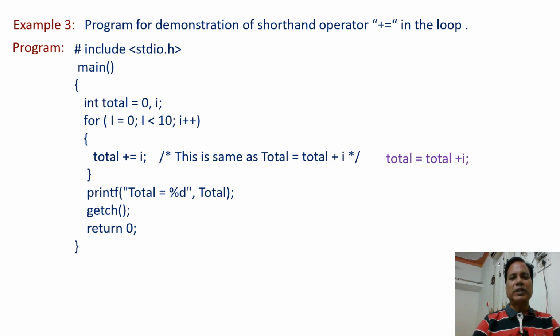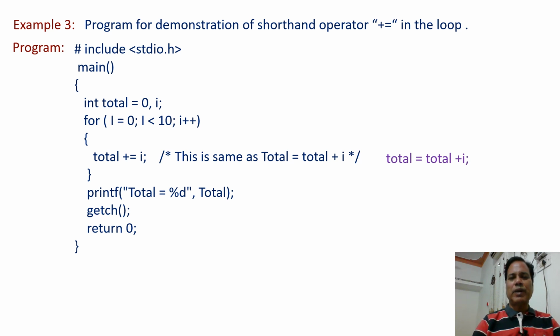In a similar way, this can be written for adding the numbers from 0 to 10 or 0 to 50, or we can modify this one. We can add the numbers from 1 to 10 or 1 to 50 or 1 to 100.